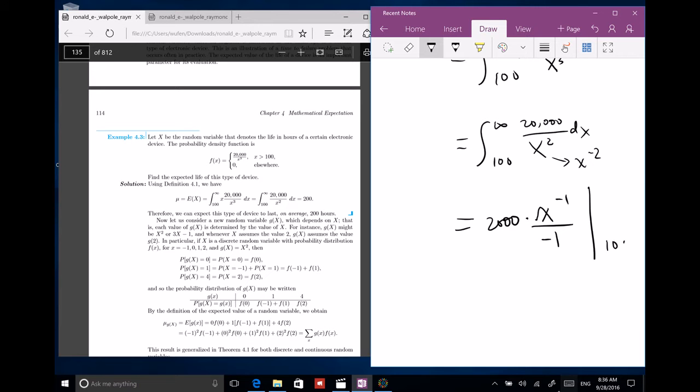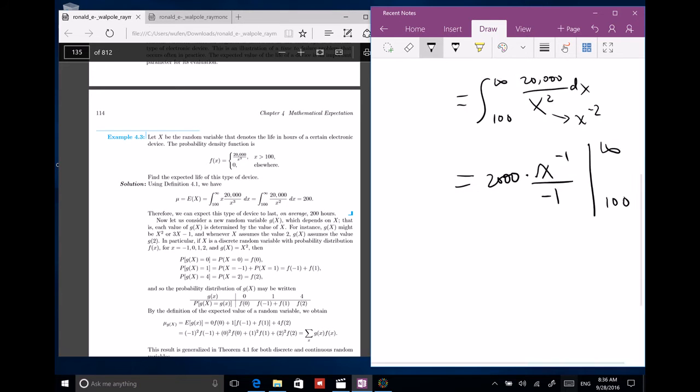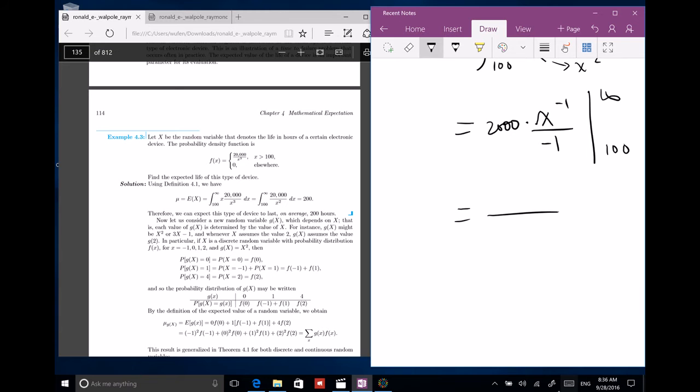This gives negative 20,000 over x. Then we plug in infinity and 100. At infinity it is 0, and minus a negative is plus, so we get 20,000 divided by 100. The final answer is just 200.